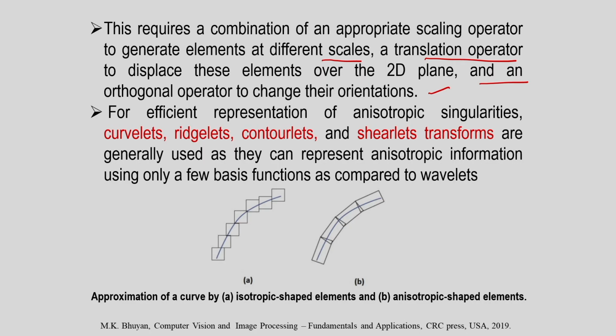Suppose I want to represent smooth edges, or contours, or lines. I have to consider different scales, the translation parameter, and different orientations. So in summary, wavelets are a powerful tool in the representation of signals.